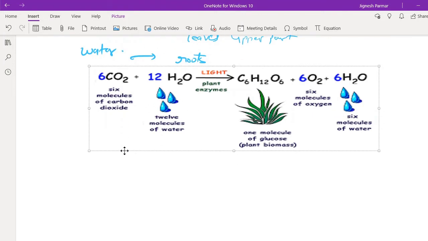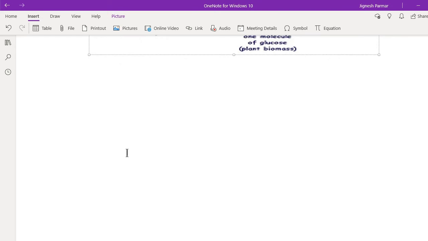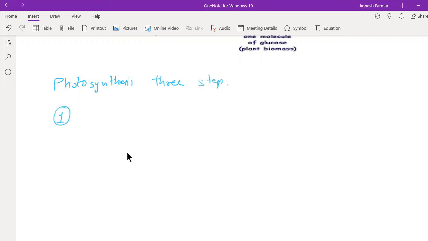Now let us see the exact 3 steps in which photosynthesis occurs. Photosynthesis takes place in 3 steps. Step number 1: absorption of energy.